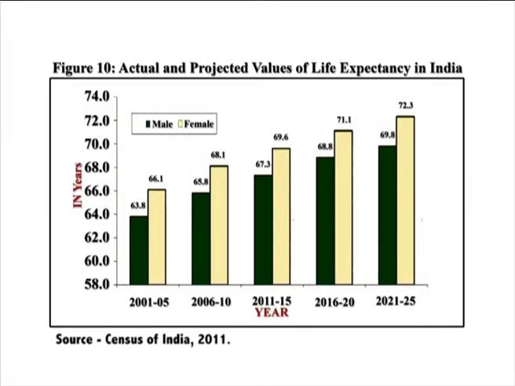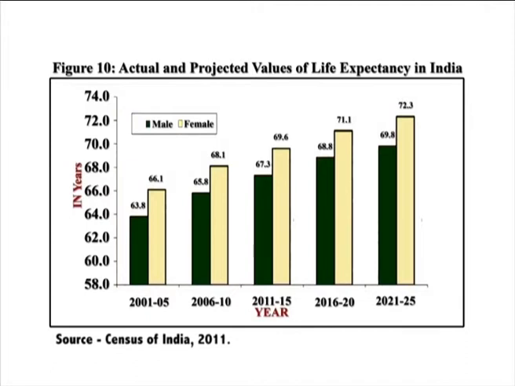It is clear that between 2001 to 2005 and 2006 to 2010, the life expectancy has improved for both males and females. It has increased from 63.8 to 65.8 years for males and 66.1 to 68.1 years for females.